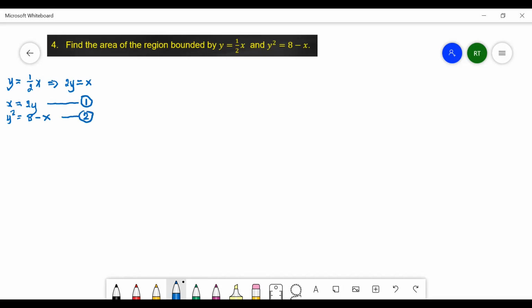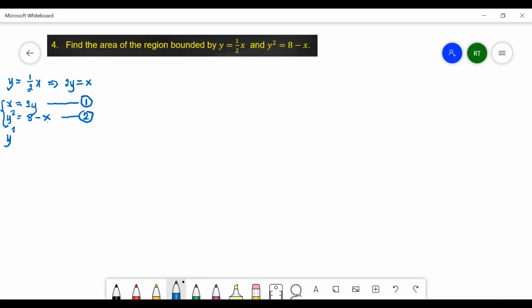If we solve the two equations simultaneously, we have a system consisting of the equation x is equal to 2y and y squared is equal to 8 minus x. We can do elimination by substitution. We can replace x in the second equation by 2y from the first equation.